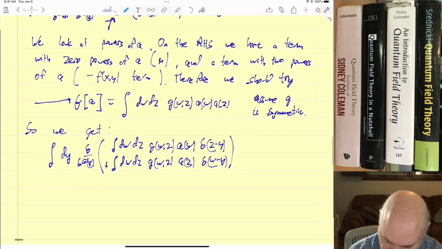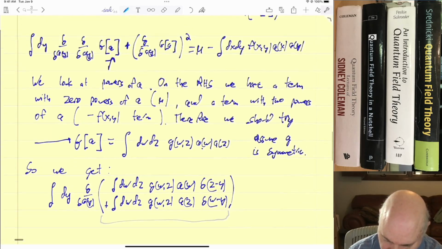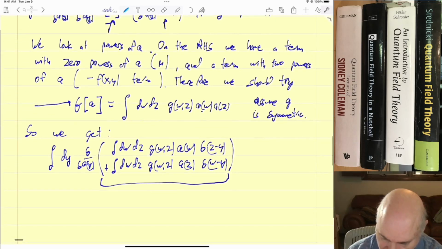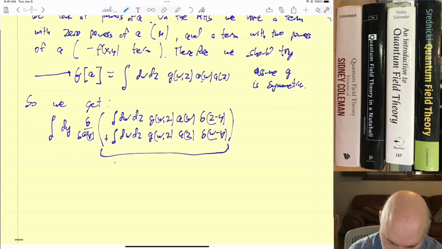Now, this whole part, which is the first derivative, we're going to need in this term as well. So let me just simplify it. So this ends up being the integral dw g of w comma y a of w plus the integral dz g of y comma z a of z.